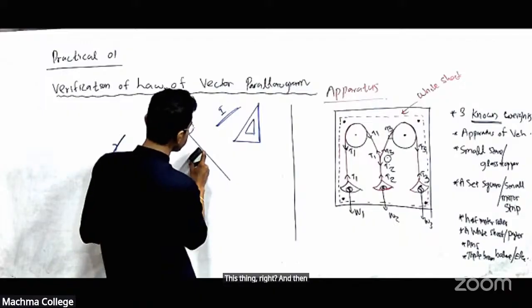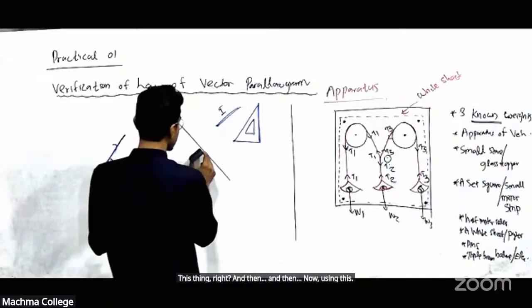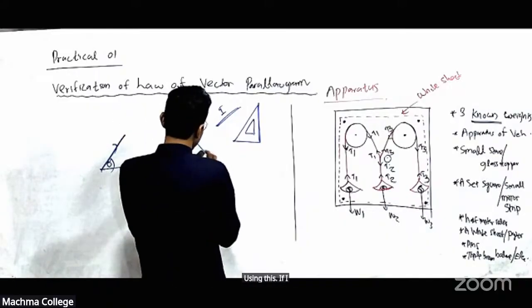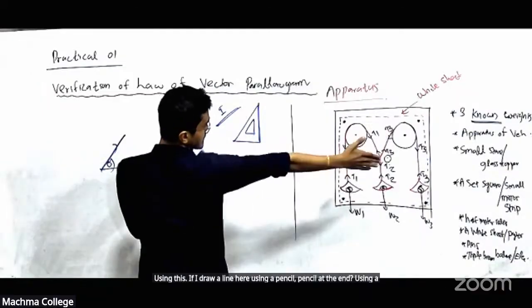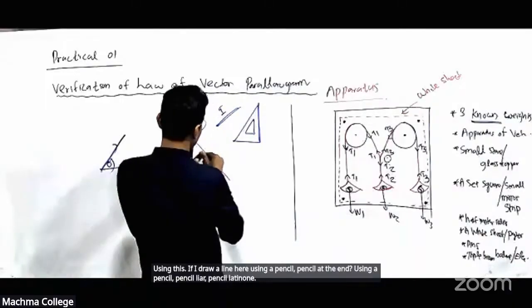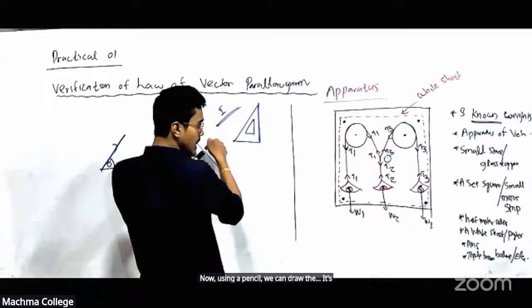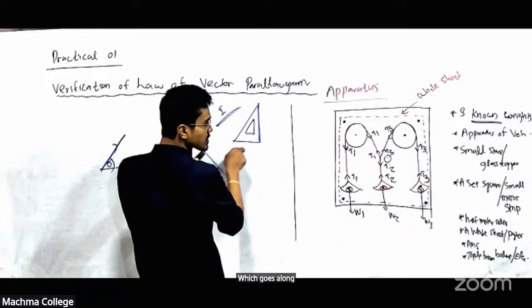And then, now using a pencil, we can draw the edge here, the line here, which goes along this set square.